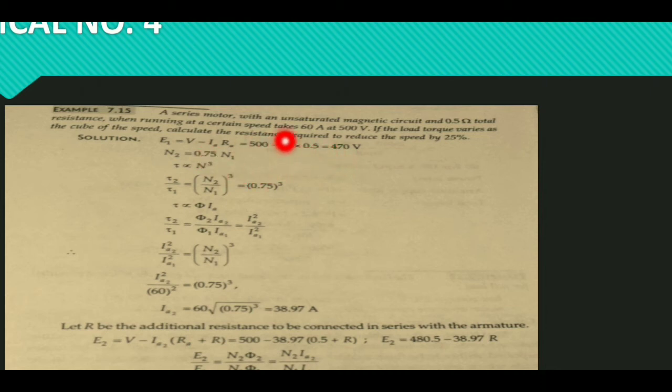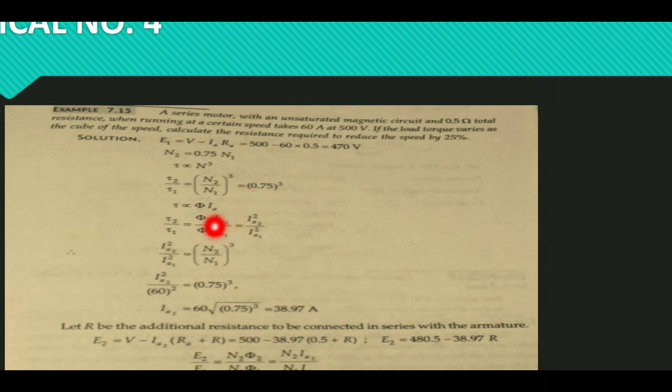According to the question, the load torque varies as the cube of the speed. So the load torque T is proportional to N cube, N is the speed, so T2 by T1 equals (N2 by N1) cube, that is 0.75 cube. And we also know that according to the torque equation, T is proportional to phi into Ia.